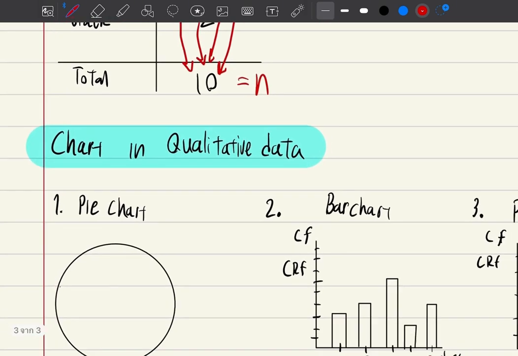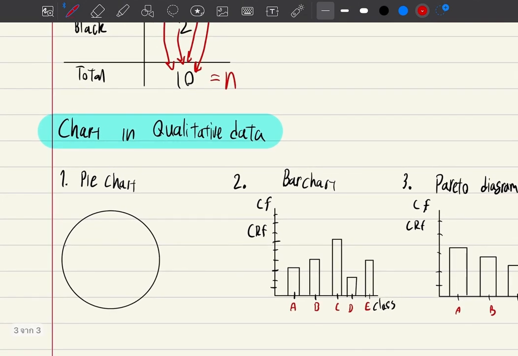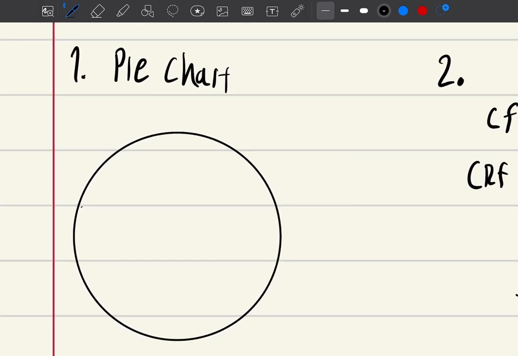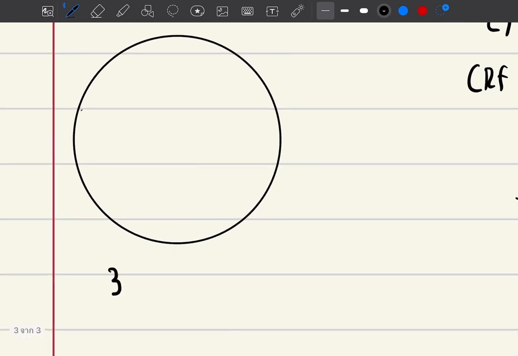Okay. The last part of qualitative data is charts. The first one is the pie chart. The pie chart shows the breakdown of the total quantity into categories. It's useful for showing relative differences. The angle size of the pie chart is equal to 360 degrees multiplied by the class percentage, CP.